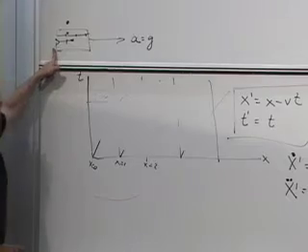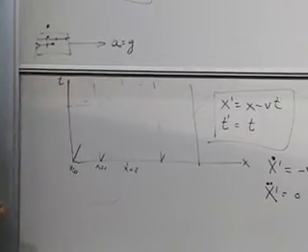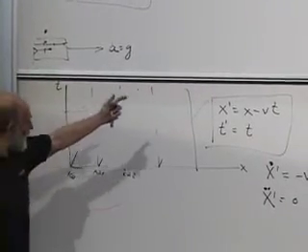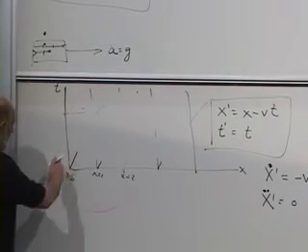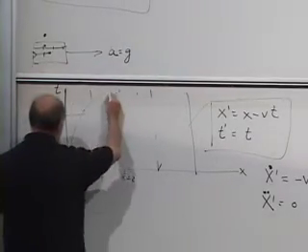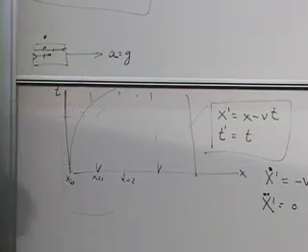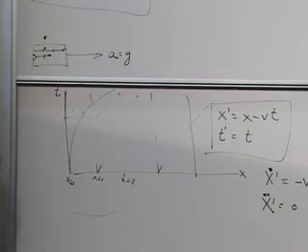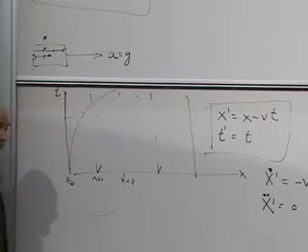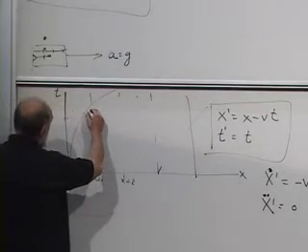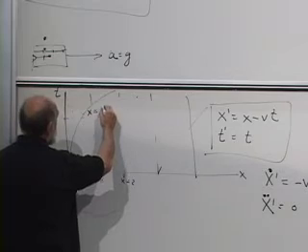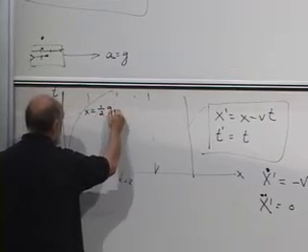how does the floor of the elevator move relative to me if it's accelerating like that? Well, it doesn't move on a straight line, it moves on a curved line. It moves on a parabola. If it's uniformly accelerated relative to me, it's moving on a parabola, and that parabola is x equals 1/2 gt squared.